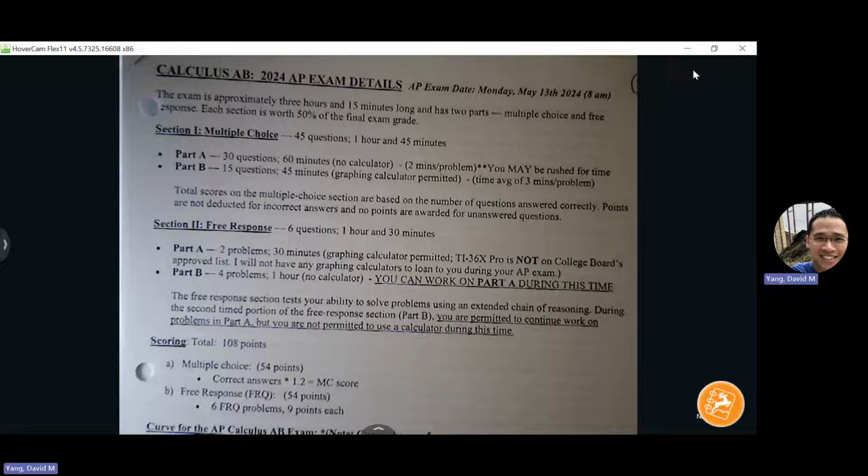Then you'll have a 15-minute break, and then you'll take your FRQ: 2 questions, 30 minutes for the calculator portion. After 30 minutes, you'll put your calculator away and do the remaining 4 problems, 1 hour, no calculator. But you can still work on 1 and 2, just without a calculator.